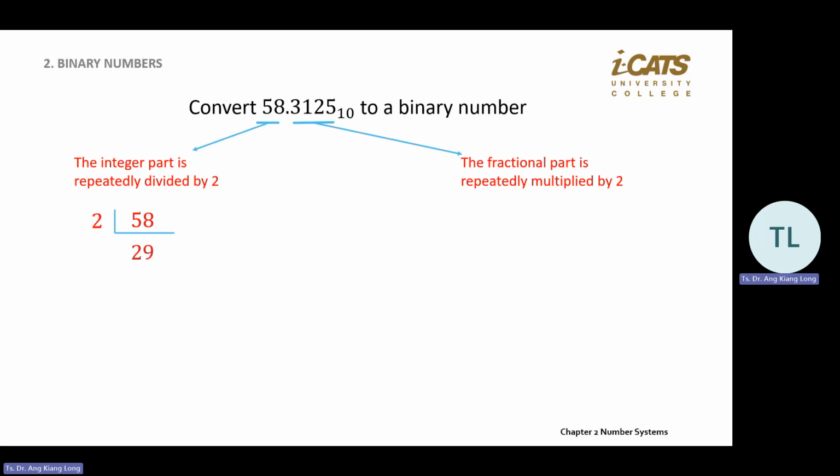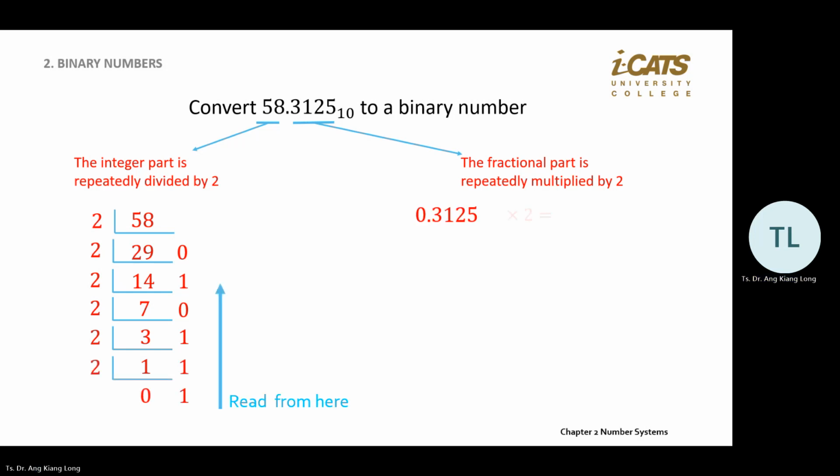Okay, 58, you divide until you get 1. Then you read from the bottom: 111010 base 2. Continue with this here, 0.3125, multiply by 2.